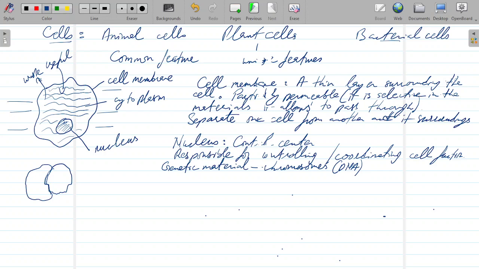But basically, what that does is it codes or regulates or controls production of proteins. And these proteins carry out various tasks.